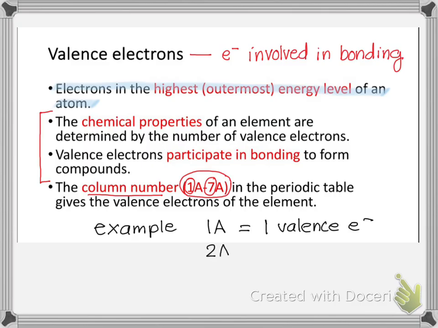If it was a 2A on the periodic table, it would have 2 valence electrons, etc. So this number here, the one that follows the A. And when I get to a periodic table, I will reiterate that. I don't have one on this slide, but when we get to it, I will explain with the periodic table as well.